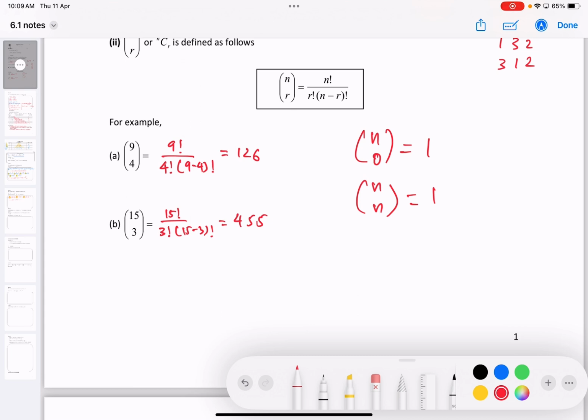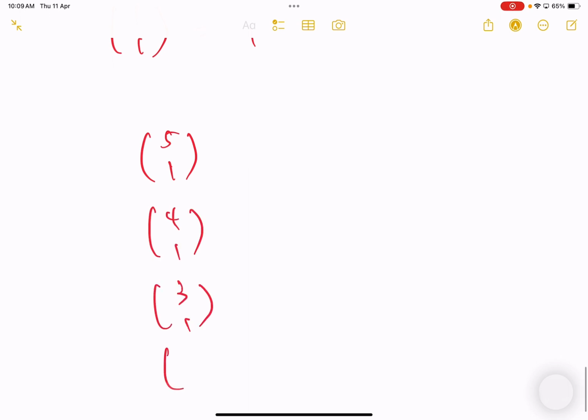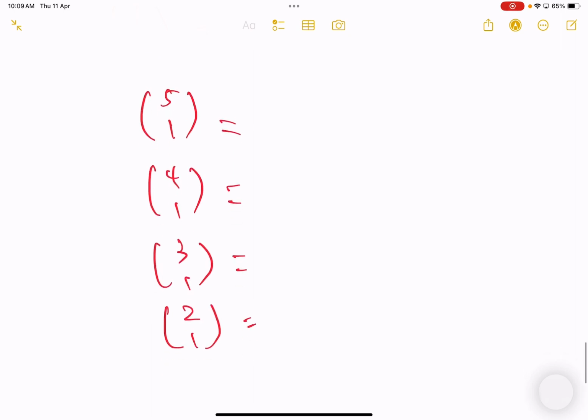Now, next one. What is 5 choose 1, 4 choose 1, 3 choose 1, 2 choose 1? What do you notice about all these? They are whole numbers. Try. Sometimes you must try for you to be able to remember such things. If you have a number choose 1, you get 5, 4, 3, 2.